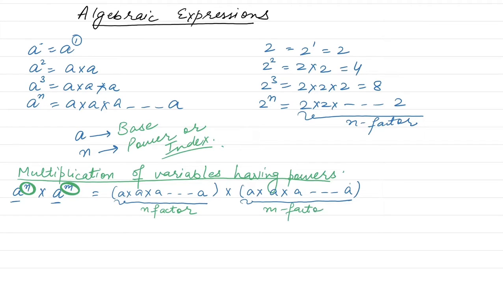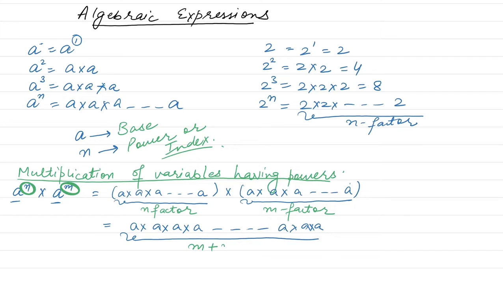So we can combine them because there is a multiplication sign between them, which will equal a times a times a times a and so on up to a. We can say that it is n plus m factors, or m plus n factors. So this will equal a to the power n plus m.